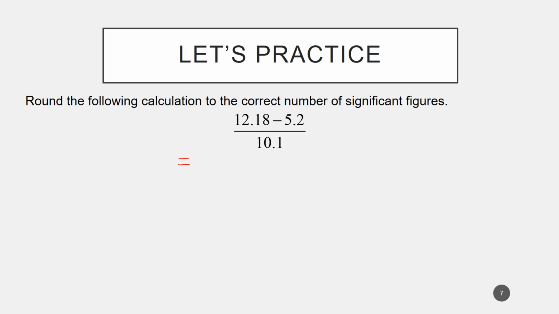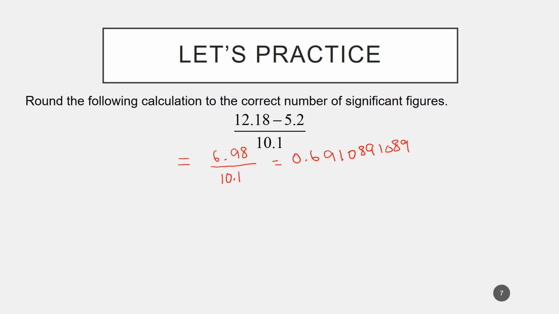So we have 12.18 minus 5.2, and that would give me 6.98. Now I'm going to divide by 10.1, and that would give me 0.69108911089. So this is what my calculator gave me.